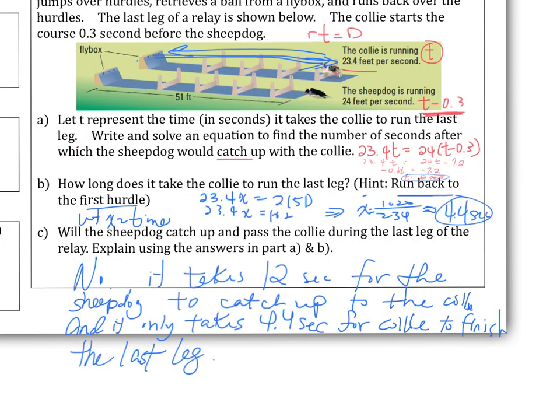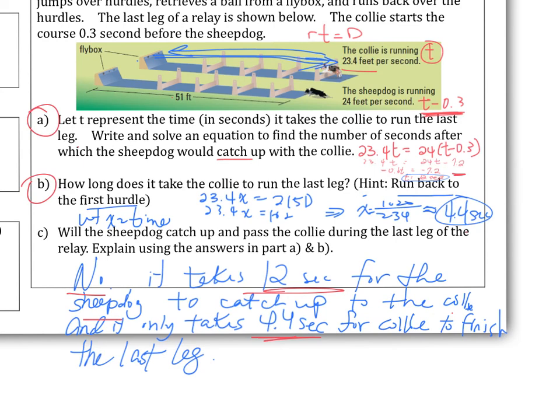Part C. Will the sheepdog catch up and pass the collie during the last leg of the relay? Explain using the answers in part A and B. So I have it written for you already. The answer is clearly no, because first of all, it takes 12 seconds for the sheepdog to catch up to the collie, and that's found in part A. And in part B, the collie only takes 4.4 seconds to finish the last leg.